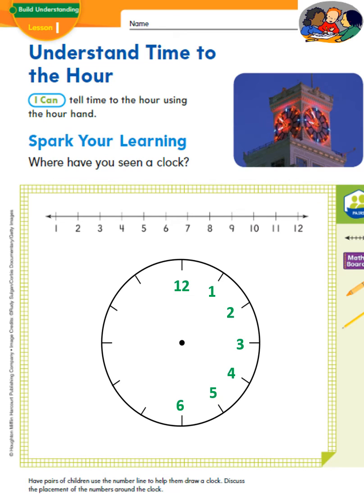Let's keep going. 7, 8, 9, 10, 11, and of course we reach back to 12. Those are the hours on a clock. We have 12 hours to track on a clock. Draw your clock and place the hours in the right place. Pause the video if you need more time.